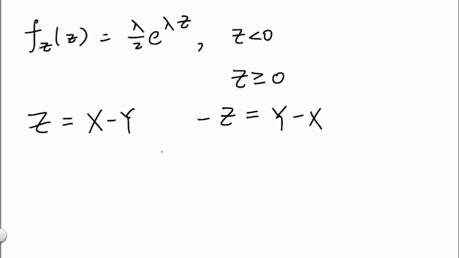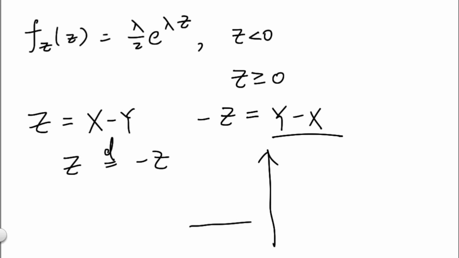Now, x and y are independent and identically distributed, and therefore x minus y has the same distribution as y minus x. So that tells us z and negative z have the same distribution. What that means is the distribution of z must be symmetric around 0. In other words, if we know the shape of f of z below 0, then the shape above 0 must be symmetric.